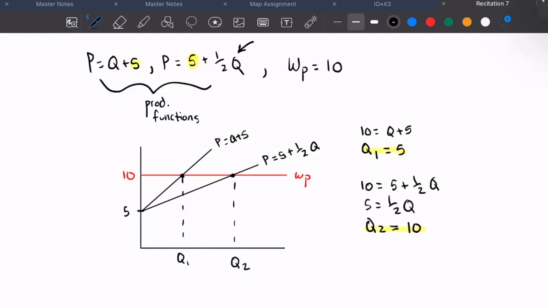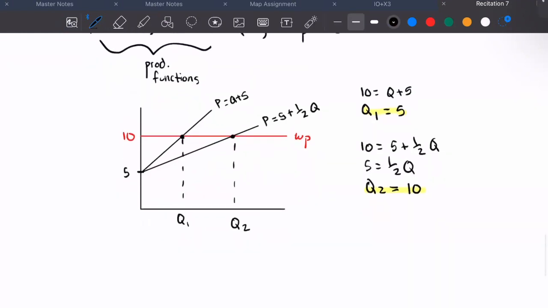That's before cap and trade, and we know that because Q2, in this case, is producing more than 5 widgets. So now it's asking us what would be the total producer surplus. Producer surplus, a good way of remembering it, is going from the price at which we're selling all the way down to our marginal cost function.